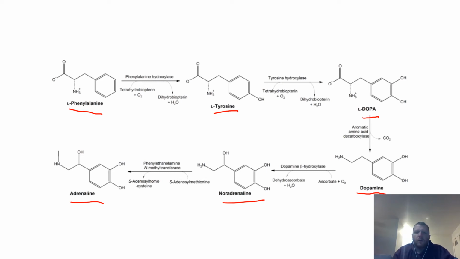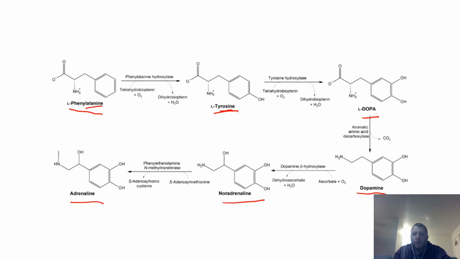One of the important parts about that is to look at and compare phenylalanine and tyrosine. They both have your rings. Tyrosine has a hydroxyl group there, and you add another hydroxyl group, and now all of a sudden your L-tyrosine becomes L-DOPA. Then we are going to decarboxylate L-DOPA to give you dopamine.